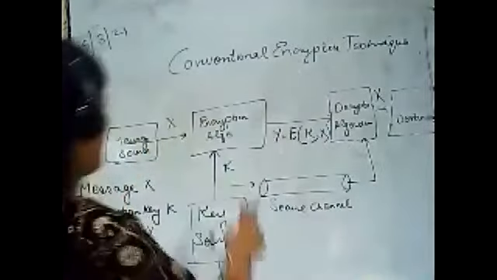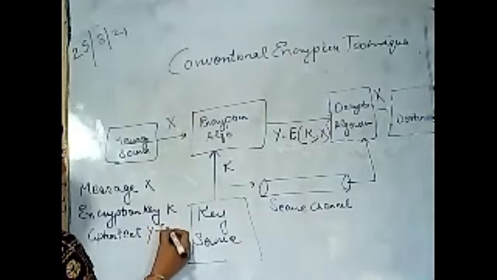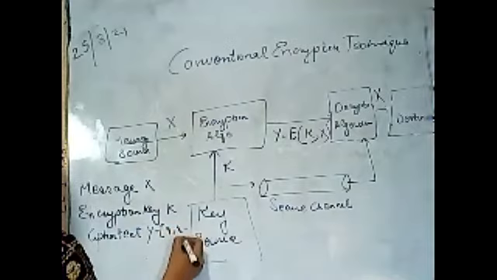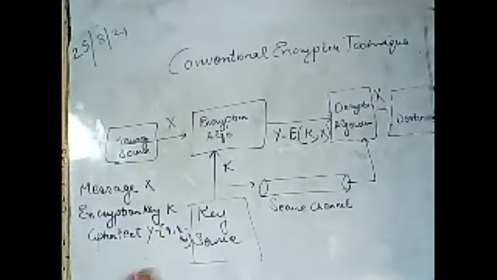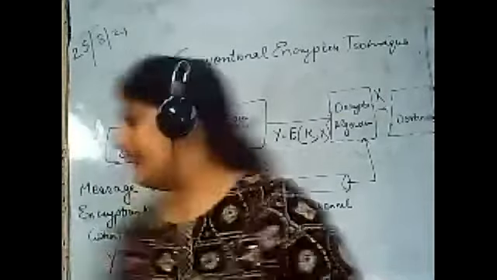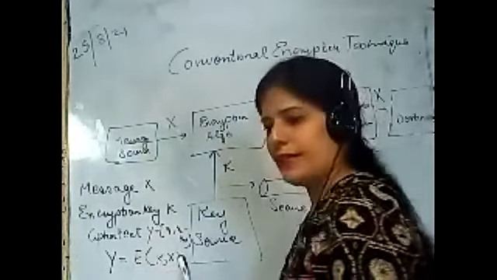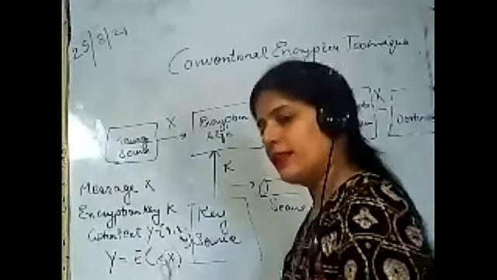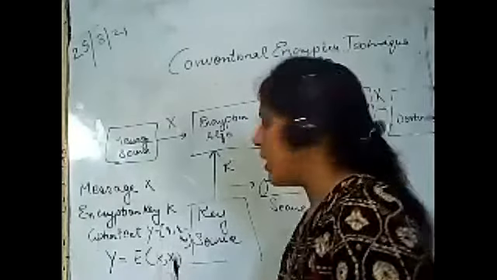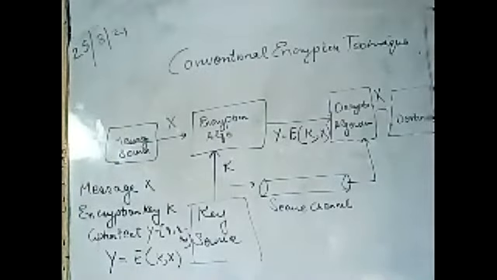So y equals y1, y2, and so on till yn. We can write it like this: y equals E(k, x). That is, y equals the encryption of that particular plain text message with the help of a key k. So this is how we generate that formula at the time of encryption.